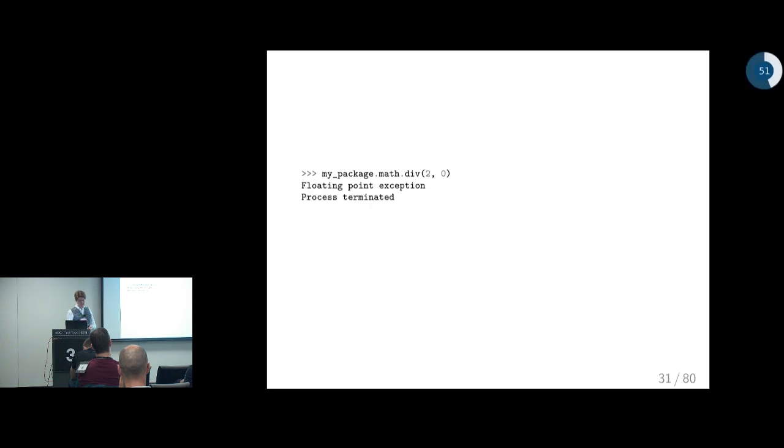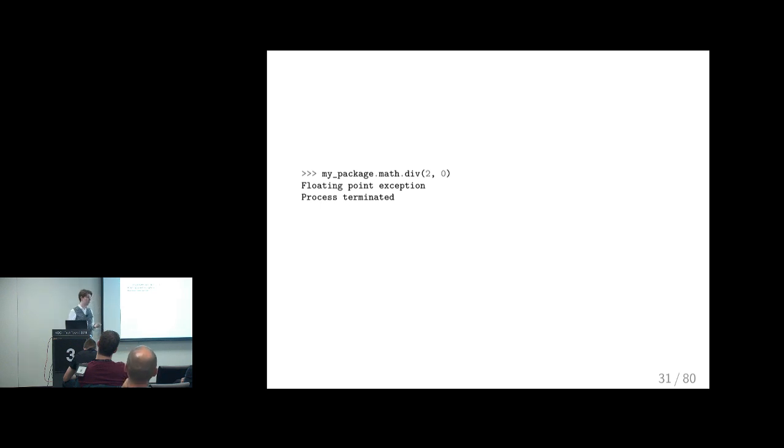And then you realize that if you divide by 0, you get a floating point exception from your operating system, and it kills your process. That's usually not an acceptable way of having a library in Python work. You would want a runtime exception in Python that you can then deal with appropriately, right?